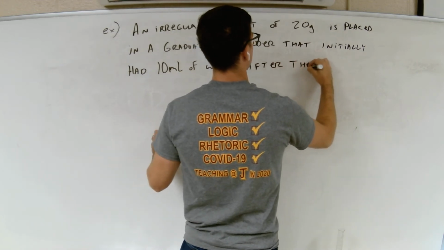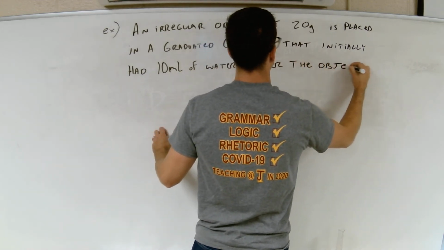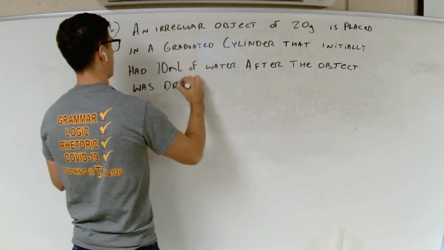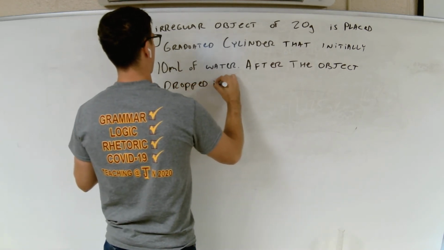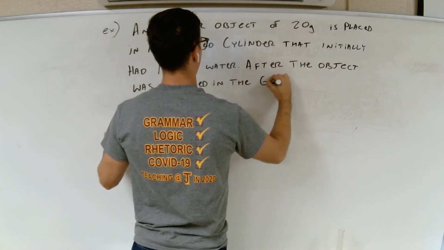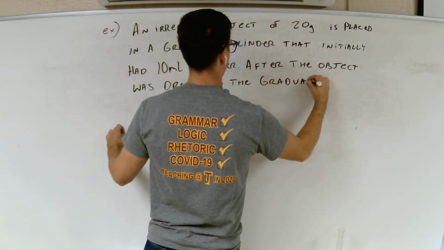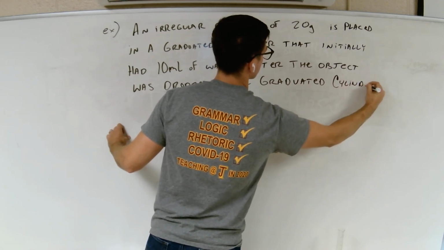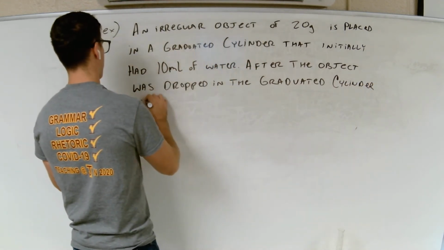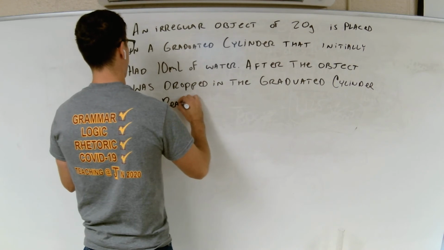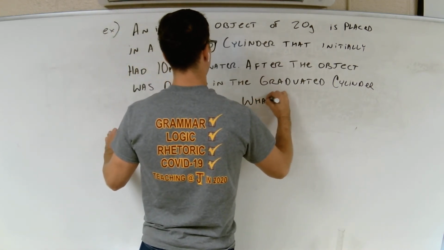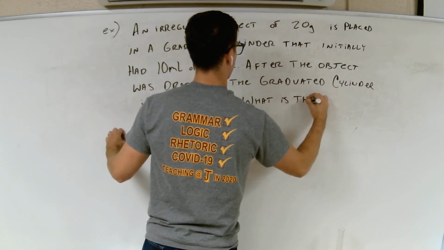After the object was dropped in the graduated cylinder, sorry, this is wordy, but after we drop that object in the graduated cylinder, it read 35 milliliters. What is the density?